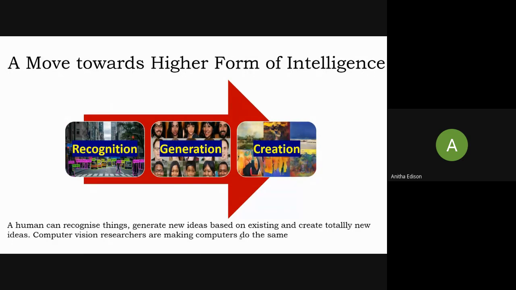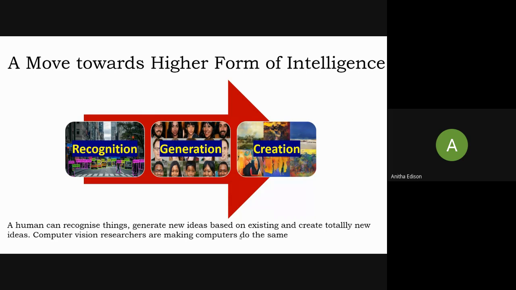If somebody has a mango fall on their head, they can relate that it is because of gravity, because apple and mango, even though they are two different things, fall down because of gravity. So something we have seen, but we can generate new ideas based on existing facts. That is what generation is. That is also something which makes humans different from other living beings. So we want the computers to do the same thing.